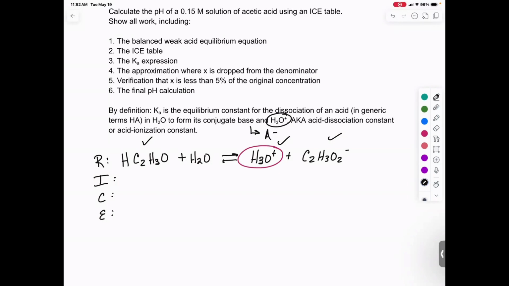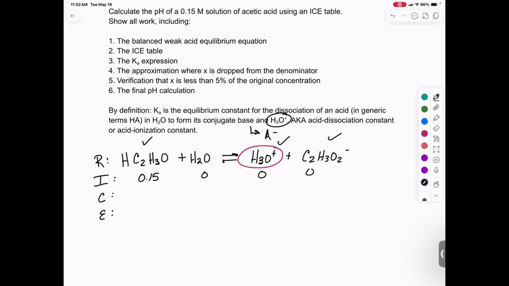All right, so we have initial. We're starting off with 0.15 concentration, and everyone else across the board is just 0, right? So before we put this, acetic acid and water, everybody else is 0. We have 0.15 concentration for our acetic acid.